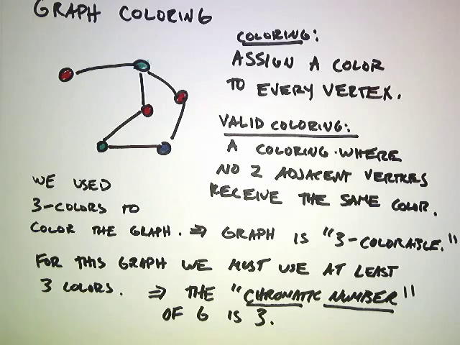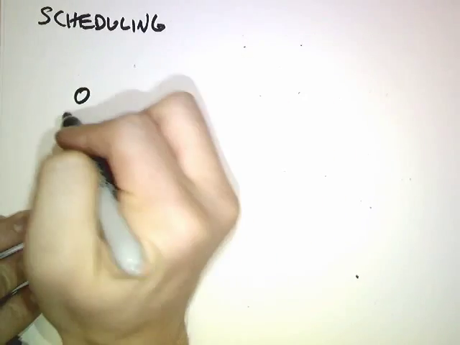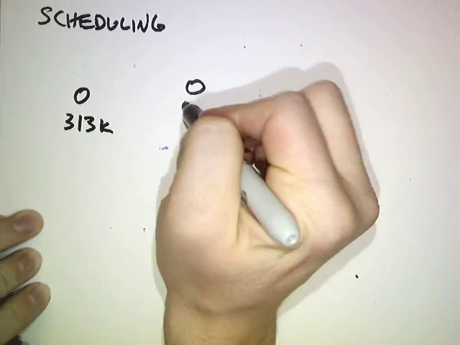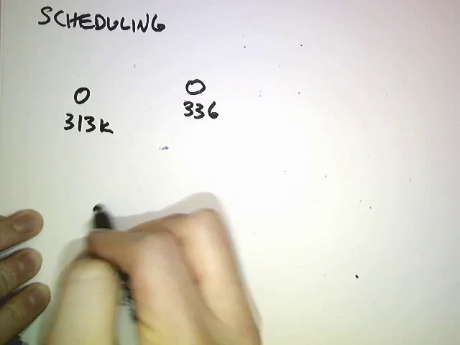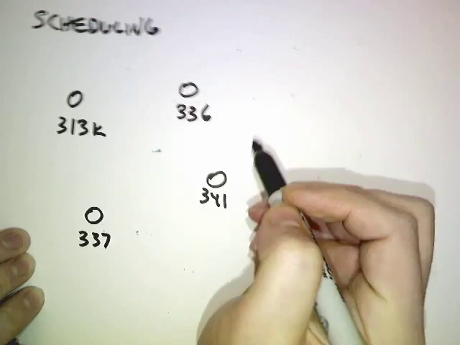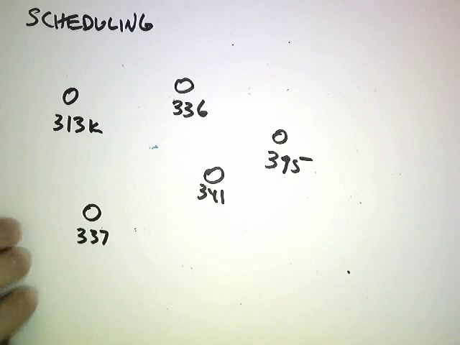One of the most common applications of coloring is scheduling. For example, let's assume that we have, well, we obviously have many students in class, but let's let one vertex correspond to different courses in the CS curriculum. So here's 313K, here's 336, here's 337, 341, 395, and so on and so forth.